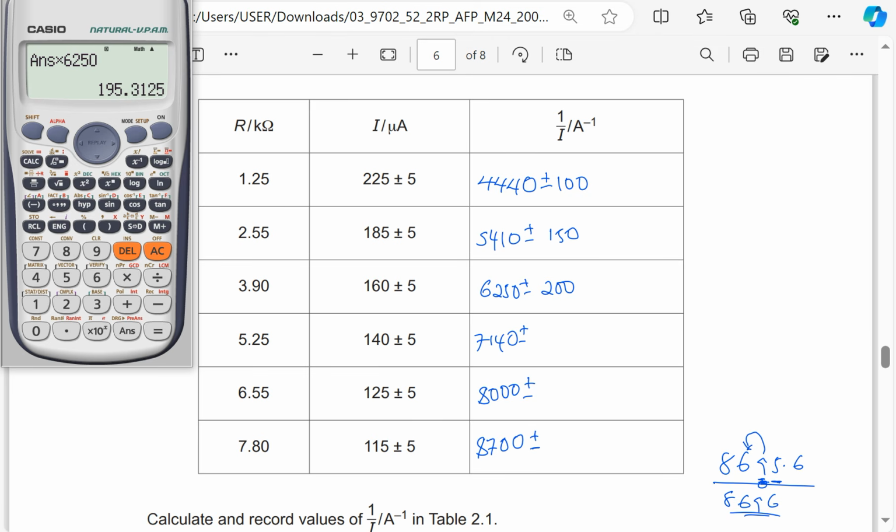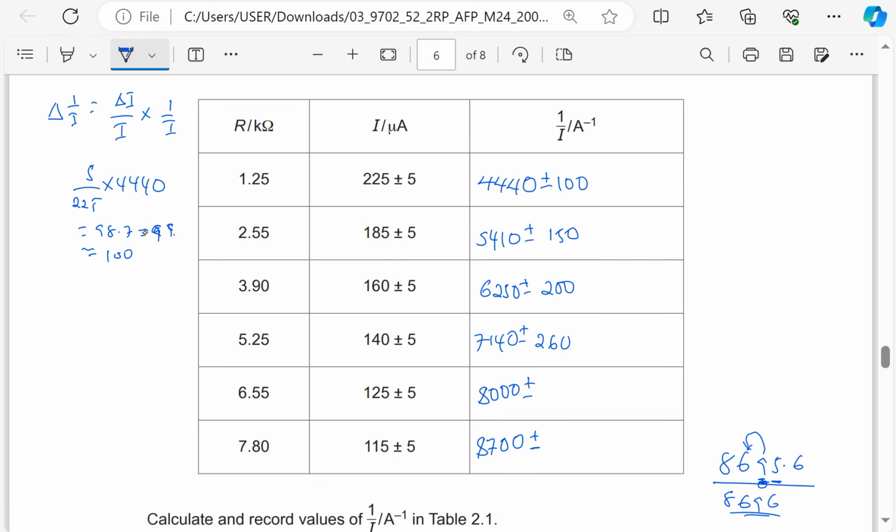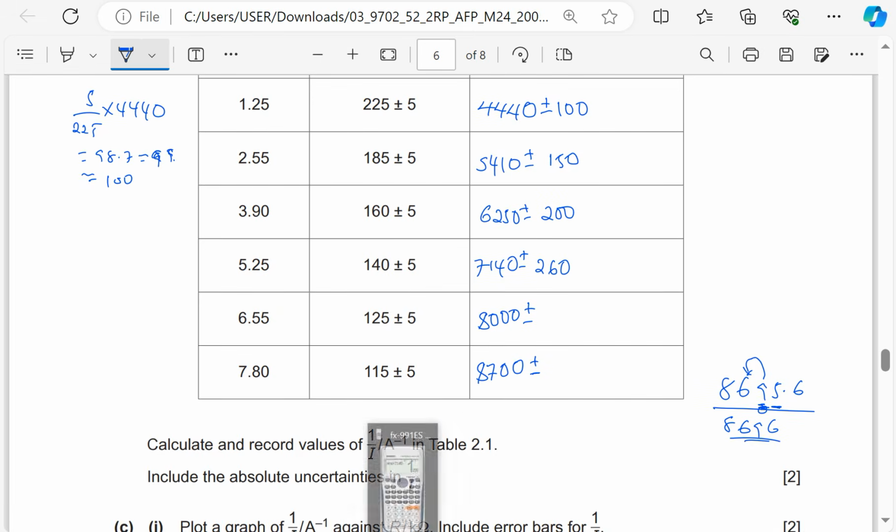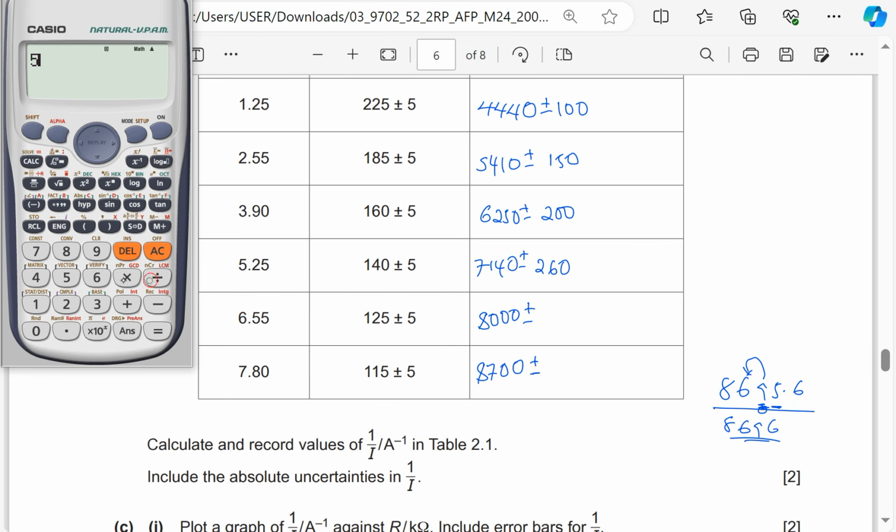The next one is 5 divided by 140, then times 7140. That is 255, which is approximately 260. You can write 300, it is allowed, but I will just write 260. The next one is 5 divided by 125 times 8,000.